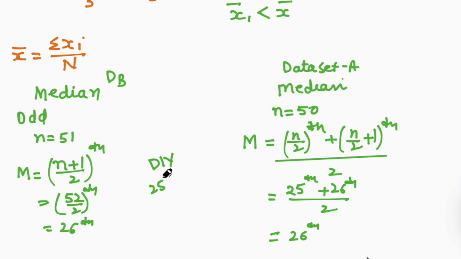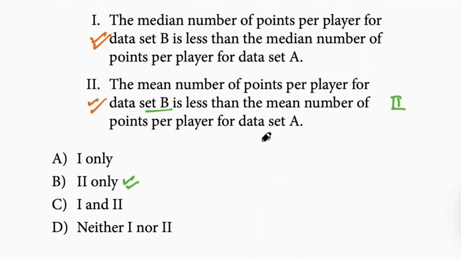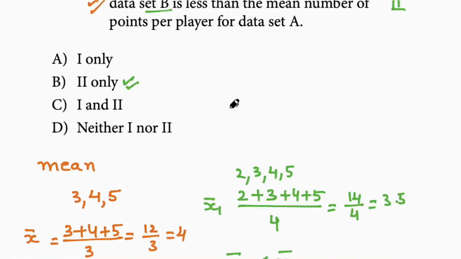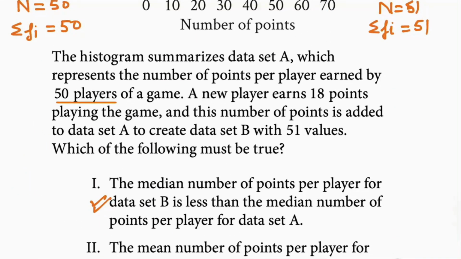If the 25th observation is not equal to the 26th observation, will the median of B be greater than the median of A, or smaller than the median of A? They are not showing this data, so we have solved our question. But yes, we have to learn this concept too, right?